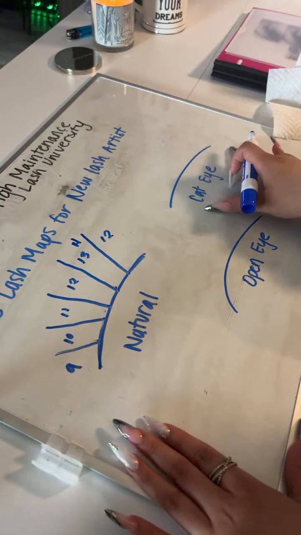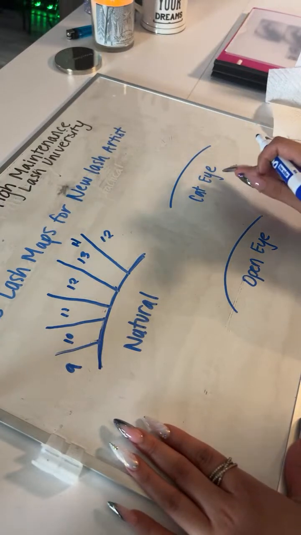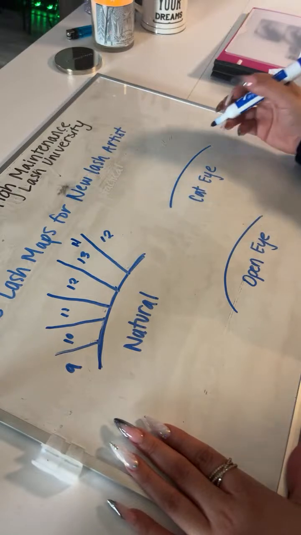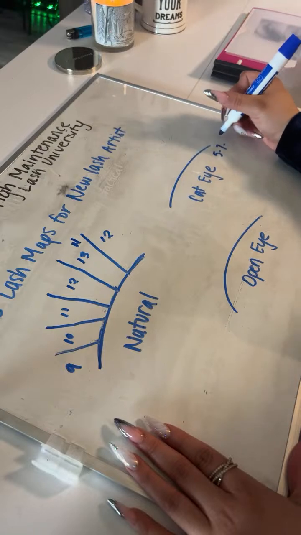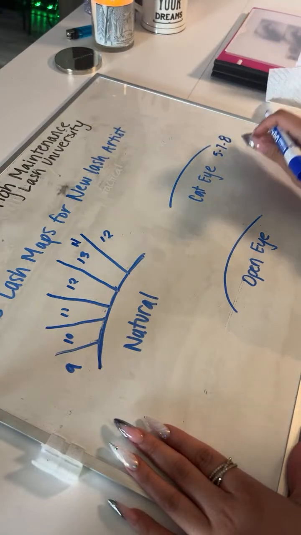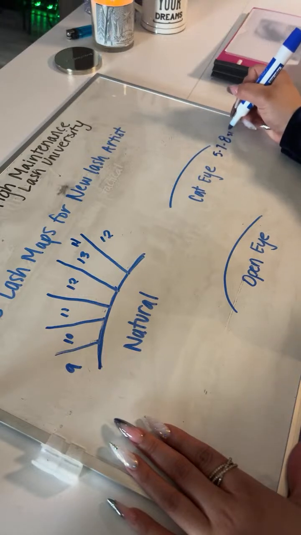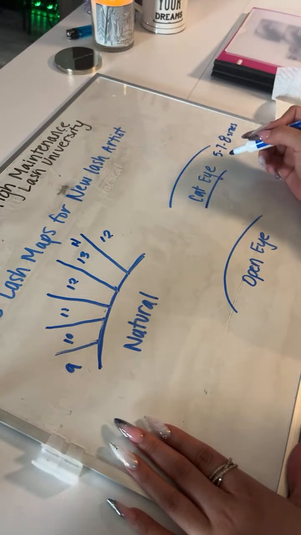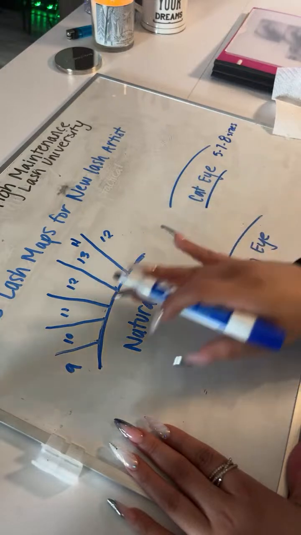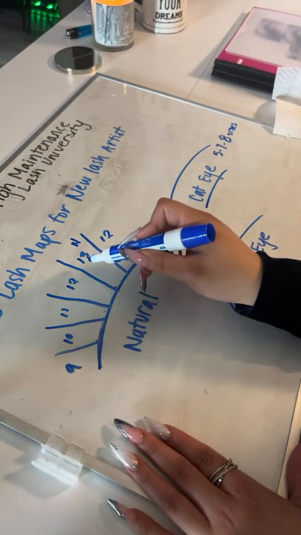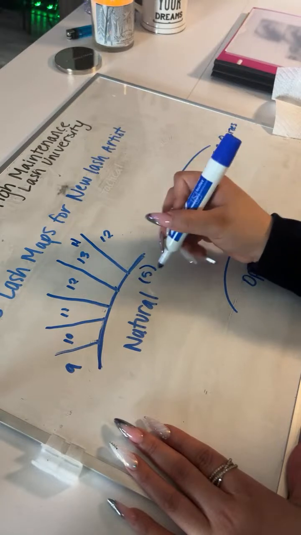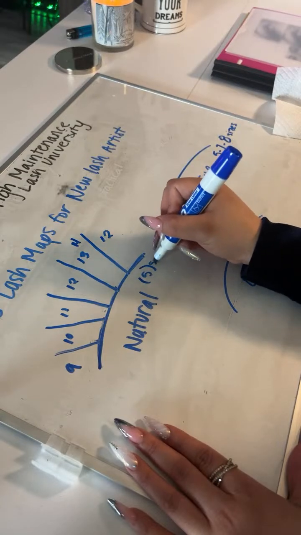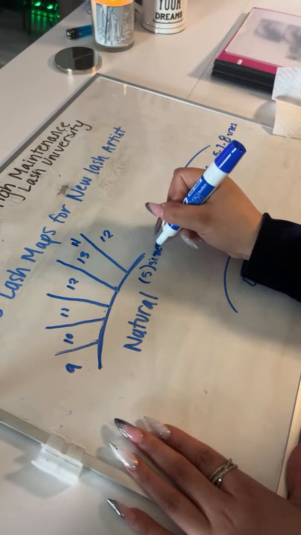For a cat eye, you need to be working with at least 5 to 7 to possibly 8 different sizes to get this cat eye illusion. Right here we had 1, 2, 3, 4, 5 different sizes for our natural mapping.